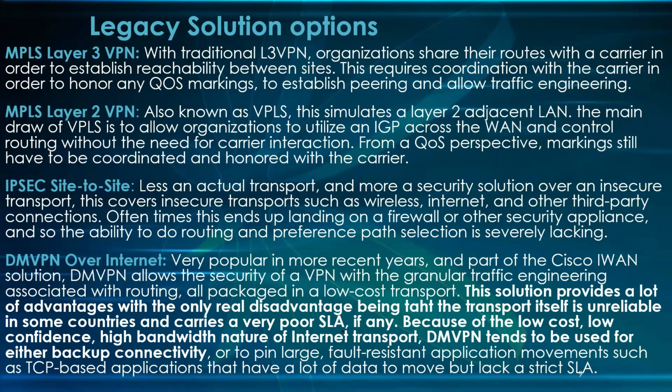Because it works only on the internet, it is not always reliable, right? Because of the low cost, low confidence, high bandwidth nature of internet transport, DMVPN tends to be used as backup connectivity. DMVPN is never considered as a primary connection because of the unreliability of the type of transport it uses, right?